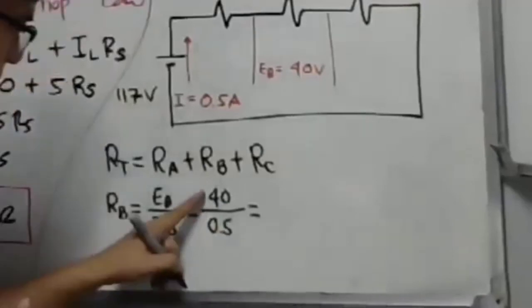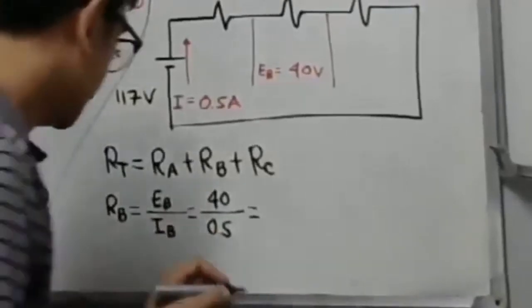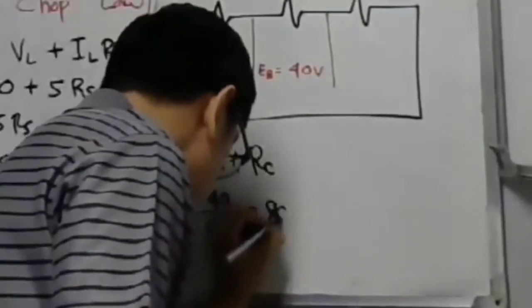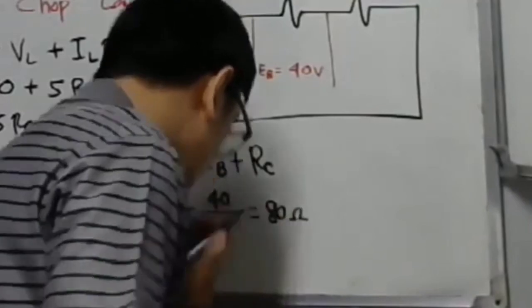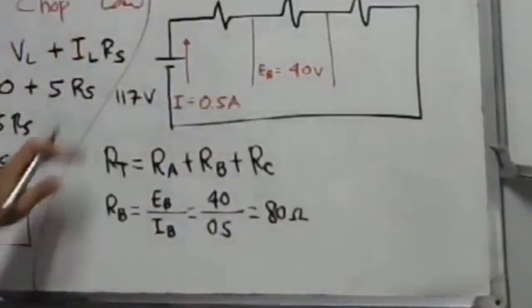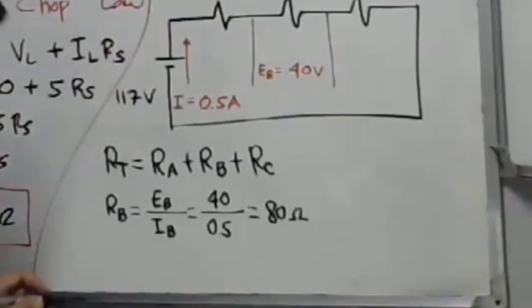Of course, what is 40 divided by 0.5? That is 80 ohms.